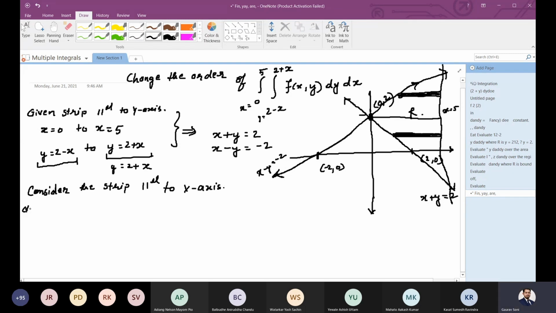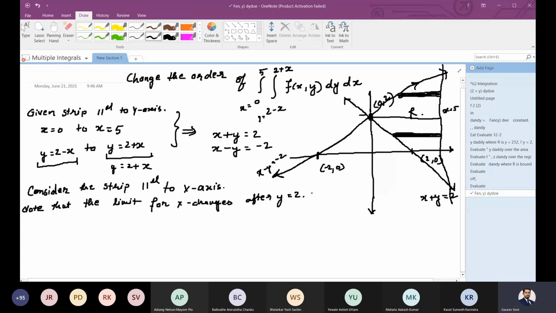Note that the limit for x changes after y is equal to 2. So after the point y equal to 2, the line y equal to 2, our limits are going to change.